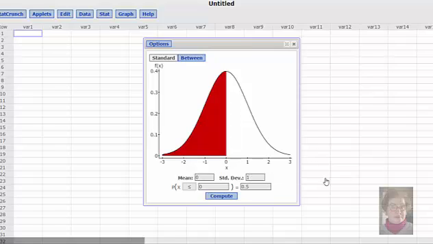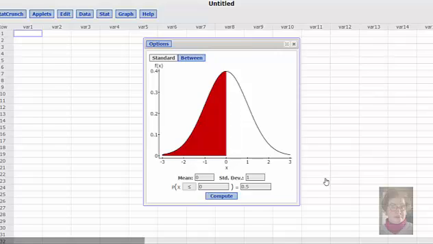Let's look at an example that's going to be in a slide or two, where we have the Precision Scientific Instrument Company, and they make thermometers. The thermometers are supposed to give readings of 0 degrees Celsius at the freezing point of water. They've done tests on large samples of these thermometers, and they know that sometimes they give readings that are too low and readings that are too high.